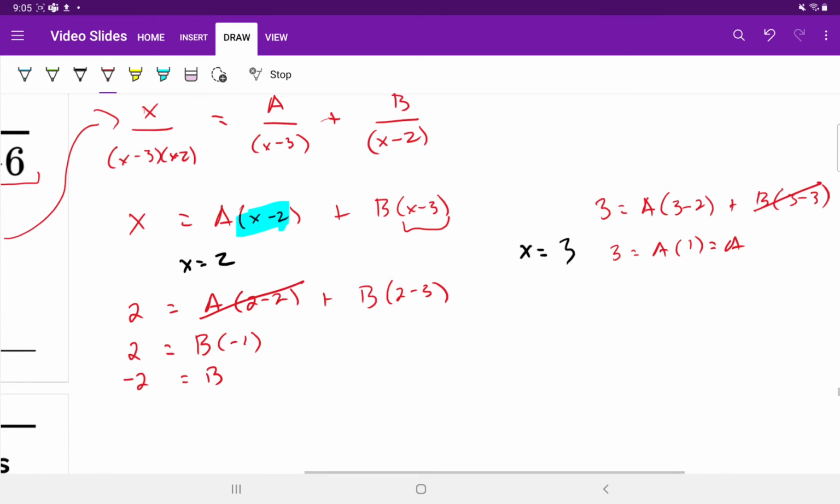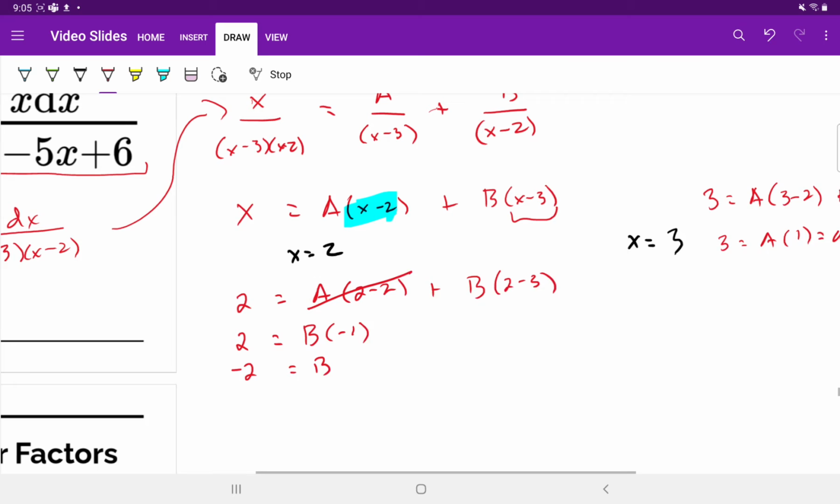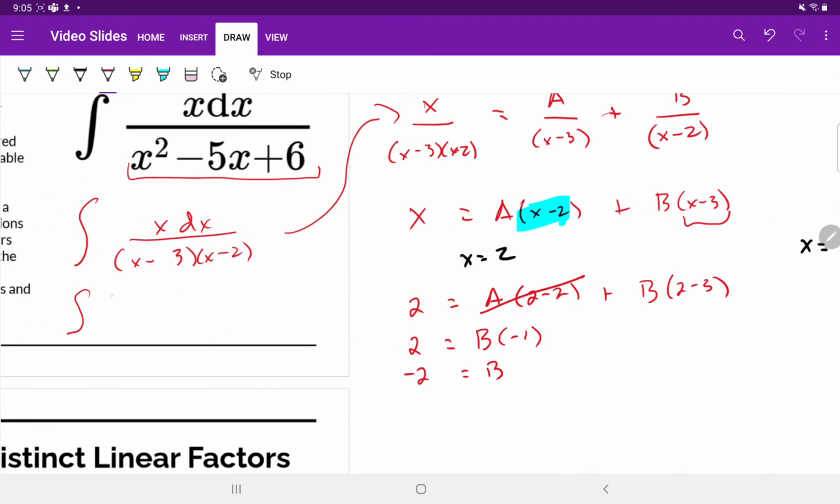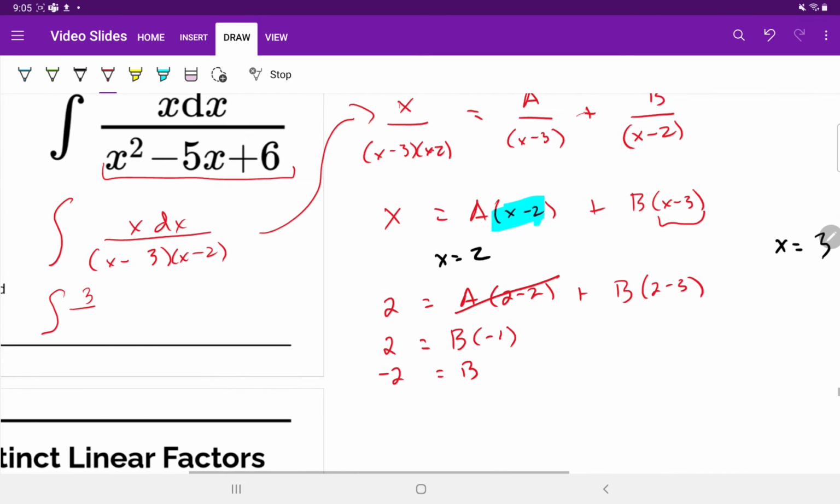Nope, in this case it actually didn't end up being 3 just because of the minus 2 there. So it ends up being 3 over x minus 3 dx, plus the integral of negative 2 over x minus 2 dx.